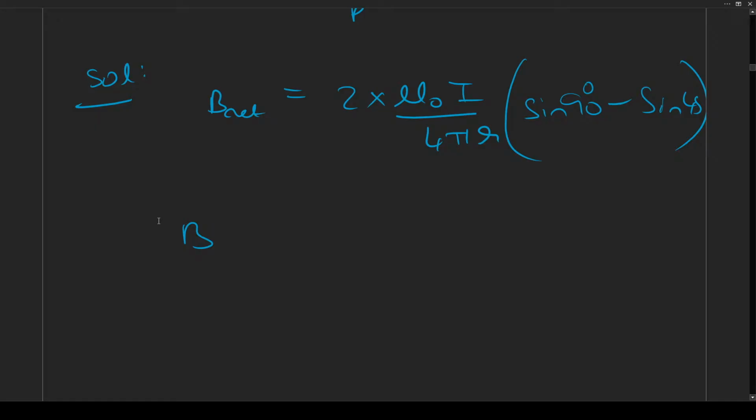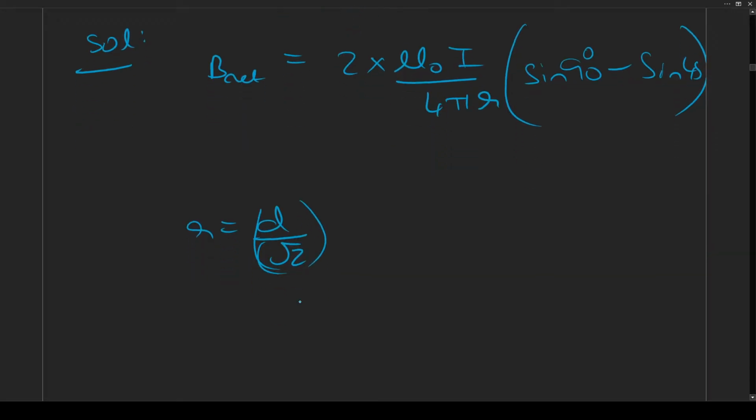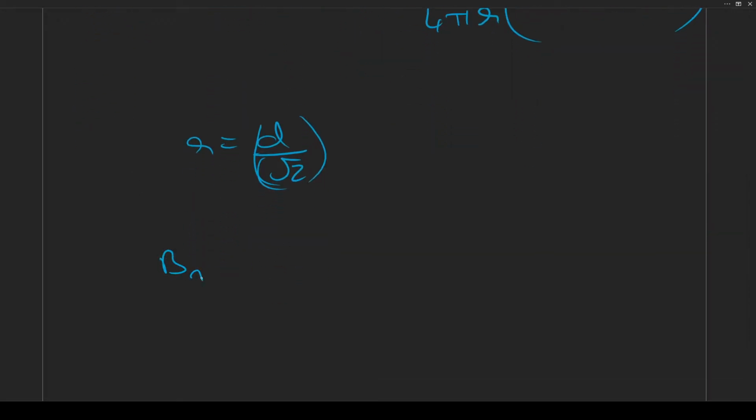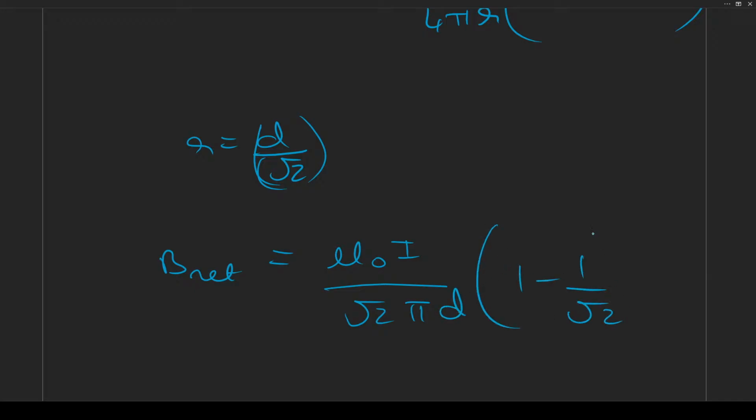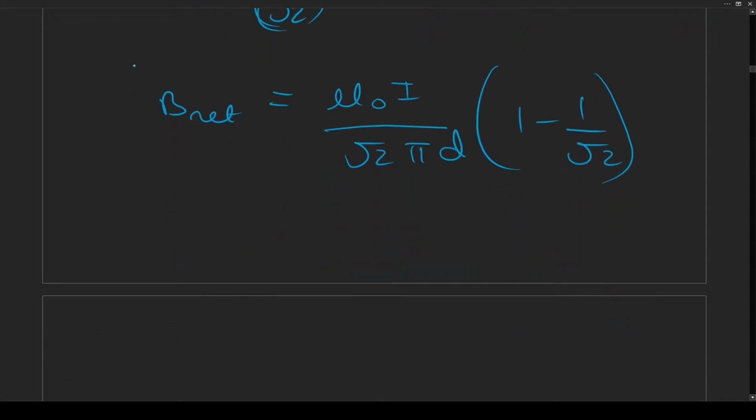And the r value is d by root 2. Substituting in the equation, we will get B net value, which is equal to mu naught I by root 2 pi times d, 1 minus 1 by root 2.